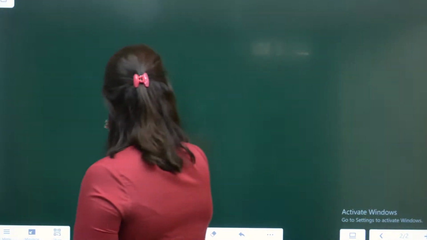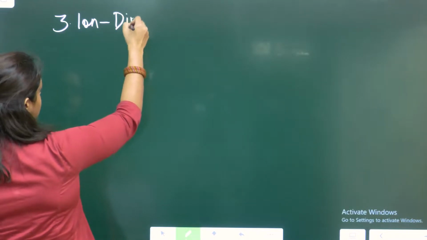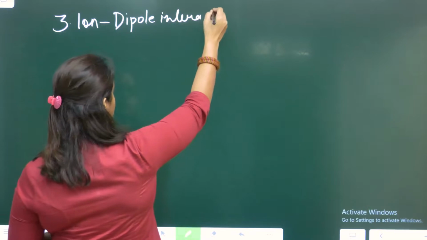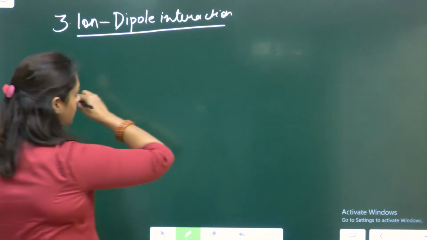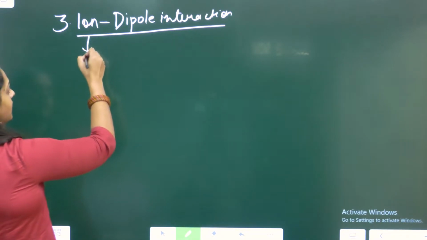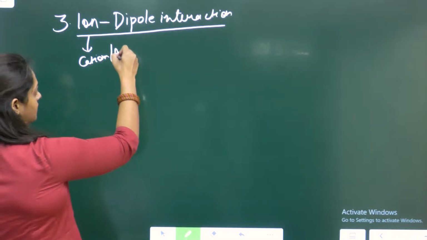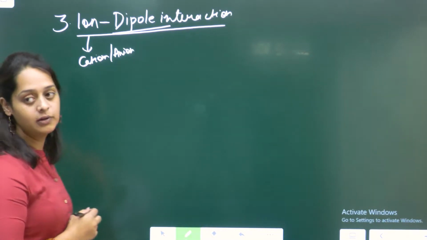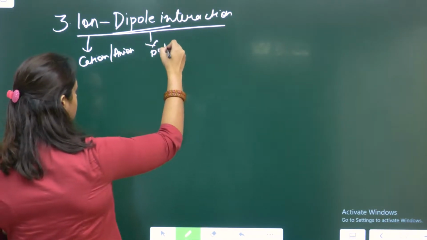The next type which we discussed in the last class was ion dipole interaction. From the name itself you can pick up what is happening. That means a cation or an anion is interacting with a molecule that has a dipole, that means a polar molecule.